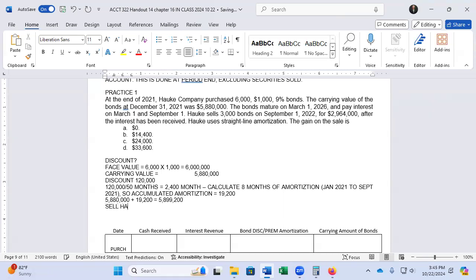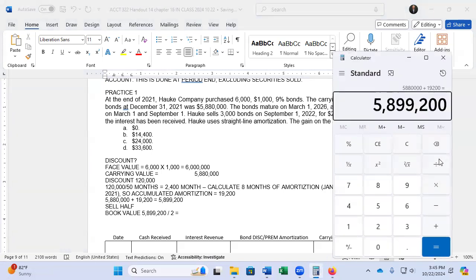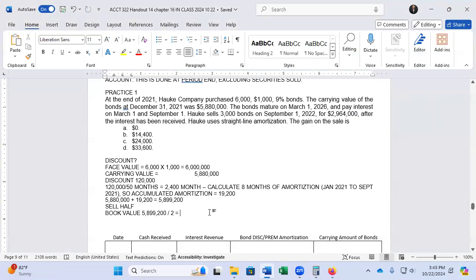And so we're going to sell half, which equals 2,949,600.